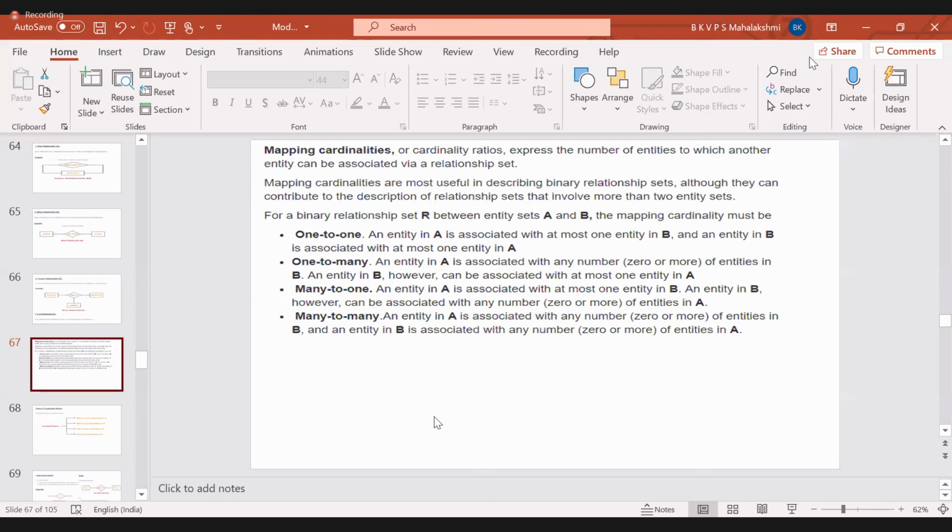One more example. Suppose I kept a restriction that the students can choose at least one subject from the courses. Then what can I expect? Maybe many of the students may choose one subject. In that case, that is the many to one cardinality.